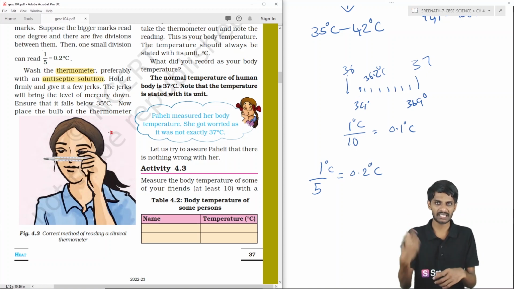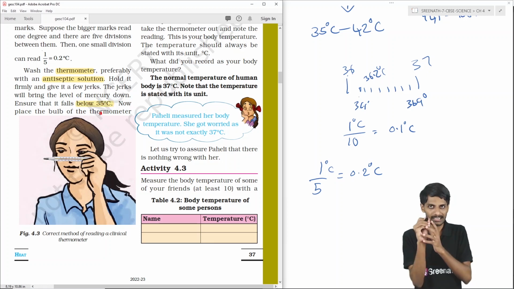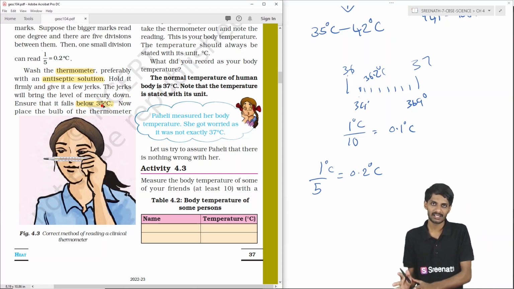After jerking, make sure that the mercury level in the capillary tube is below 35 degrees Celsius. After that you can start measuring your body temperature.